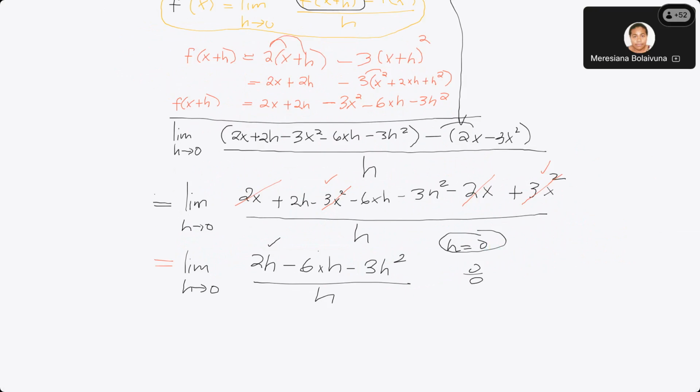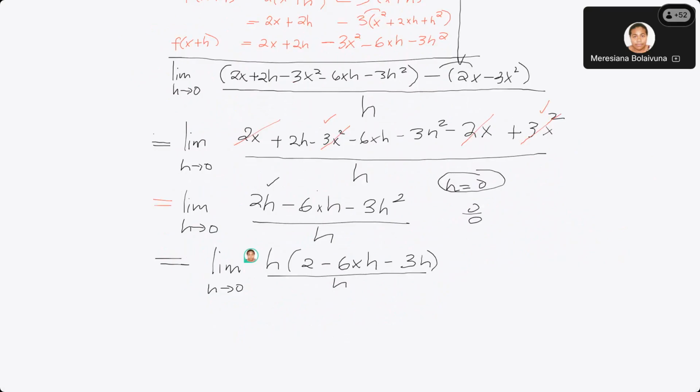So when you factorize the numerator, you have h into 2 minus 6x minus 3h over h. So h approaching 0, we cancel the common factor.